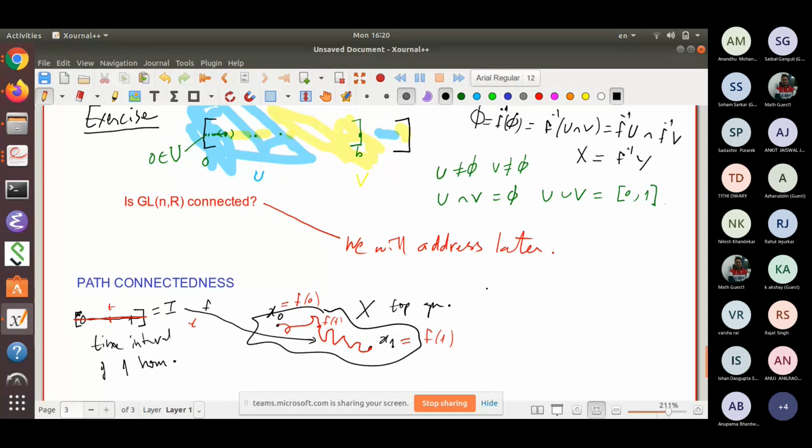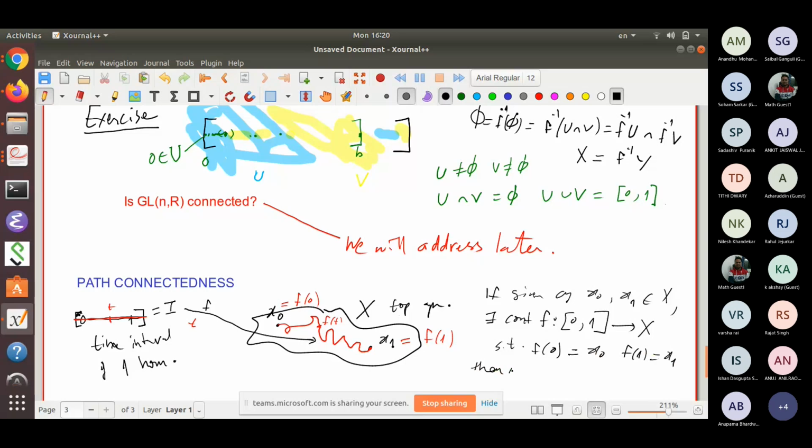So we say if, given any X0, X1 belonging to X, there exists a continuous F from [0,1] to X such that F(0) is equal to X0 and F(1) is equal to X1.